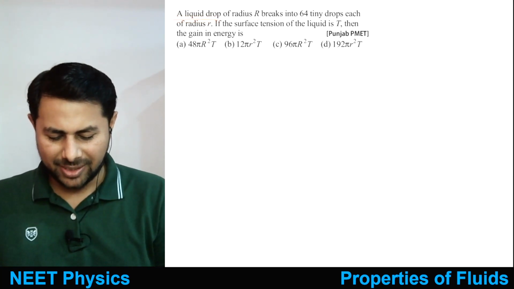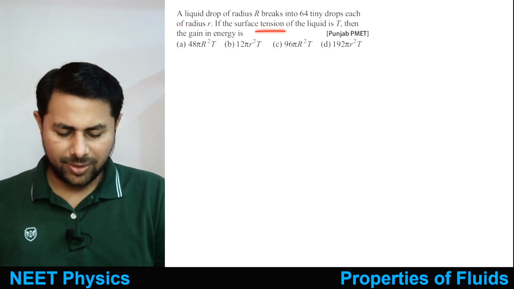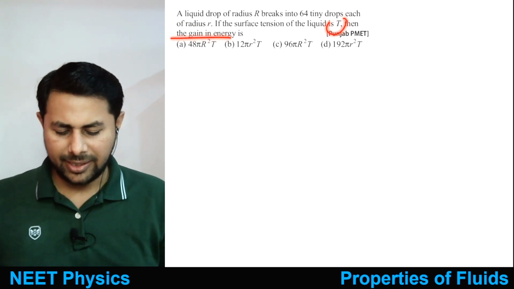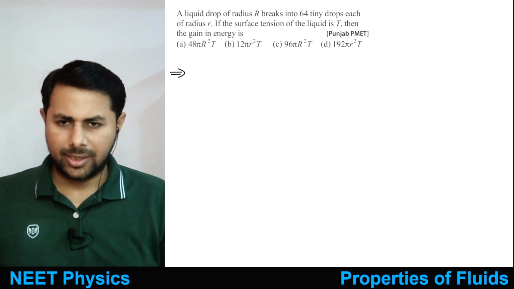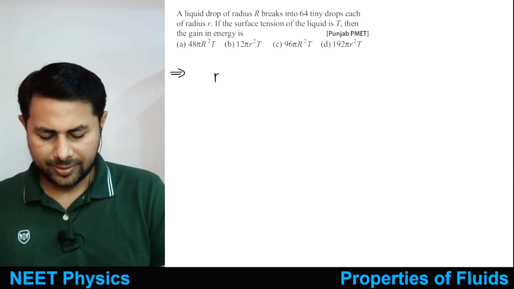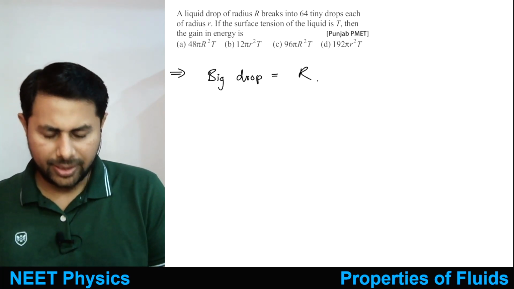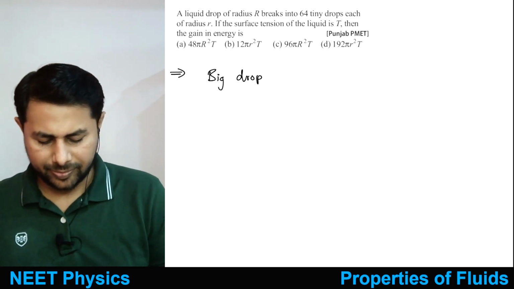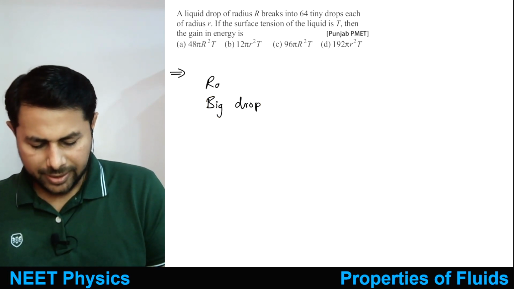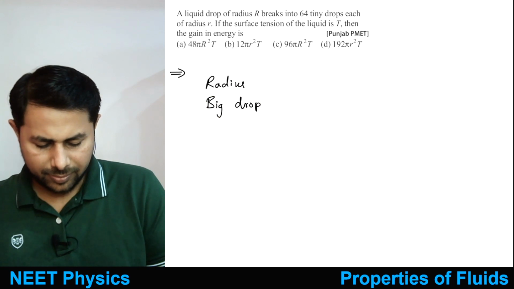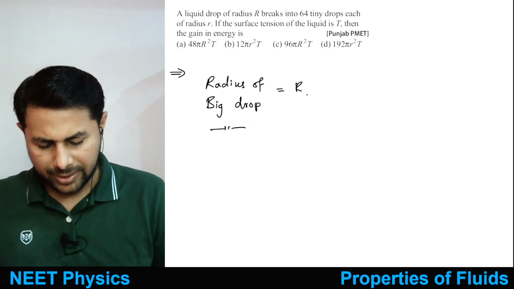A liquid drop of radius R breaks into 64 tiny drops, each of radius r. If the surface tension of the liquid is T, then the gain in energy is, tell me. So for the big drop, radius is equal to R, and for the small drop it is equal to small r.